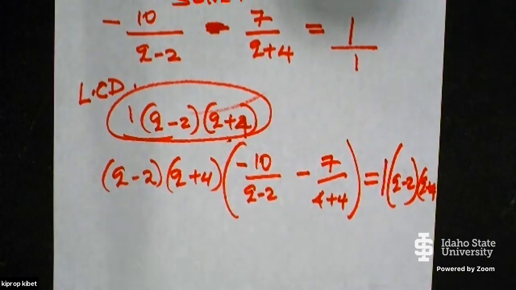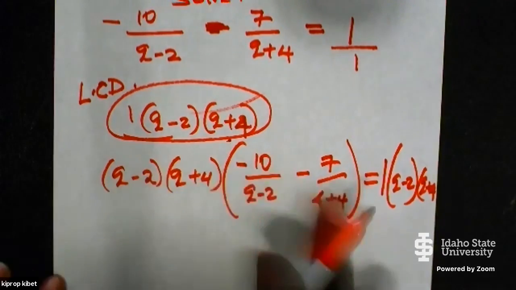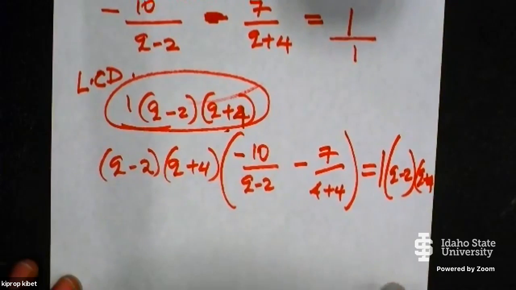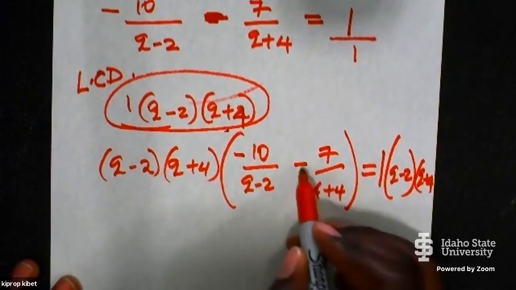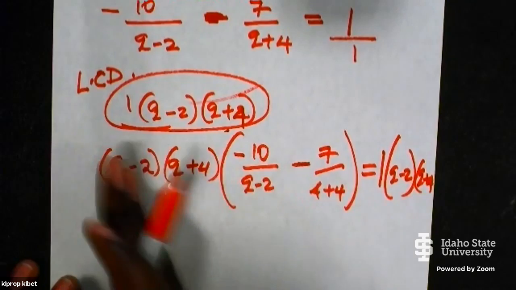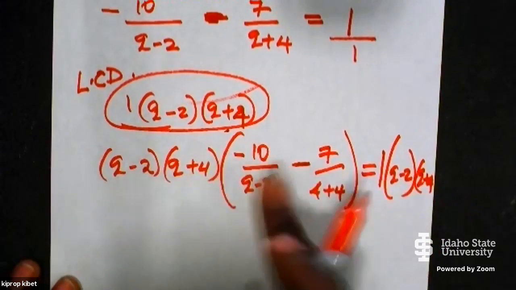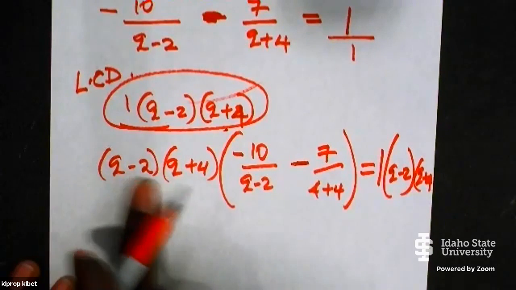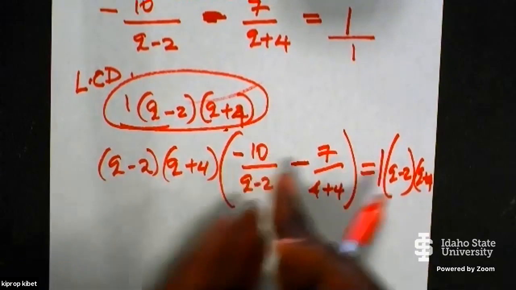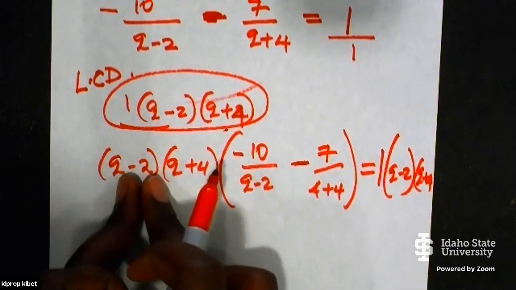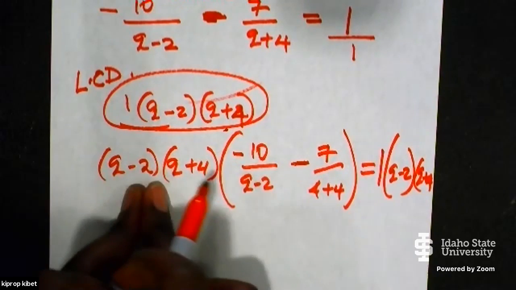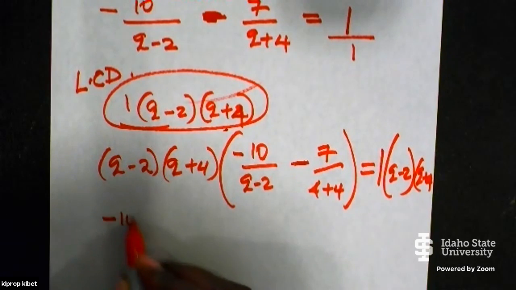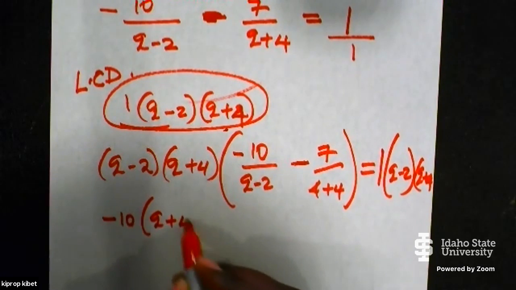Now you open the brackets. Because this one is subtraction, you multiply both of these by (q minus 2)(q plus 4). When you multiply this, q minus 2 will cancel, so you remain with minus 10 times (q plus 4).